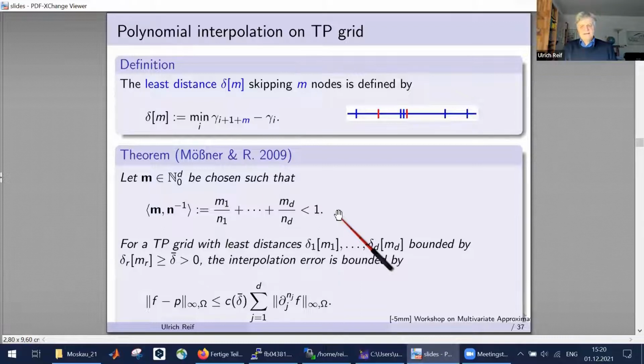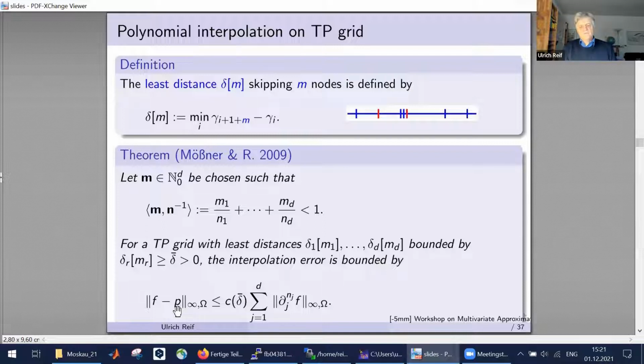If this is the case, then you compute the least distances in all coordinate directions with respect to the m values. So in the first coordinate direction, you choose the least distance skipping m1 nodes and so on through all the dimensions. And if all these least distances are bounded away from 0, so you find a lower bound delta bar, then you find this bound on the interpolation error.